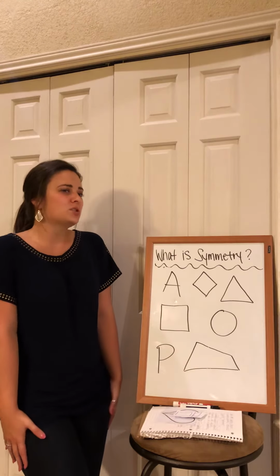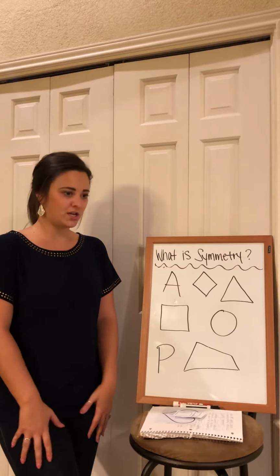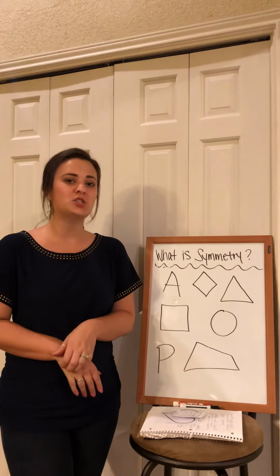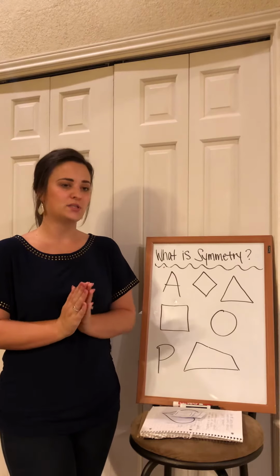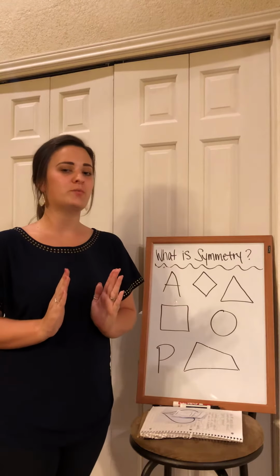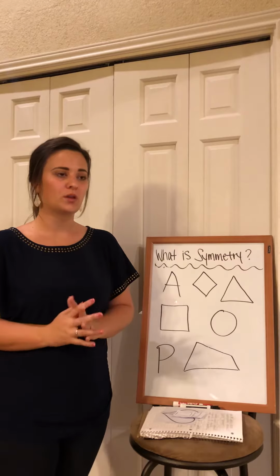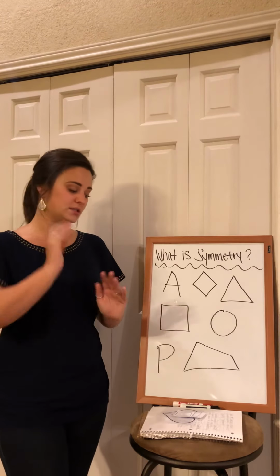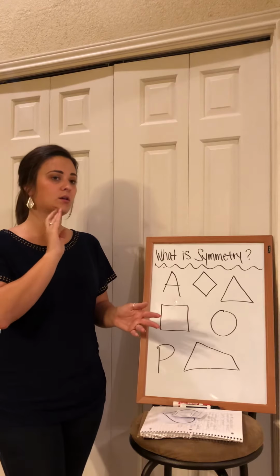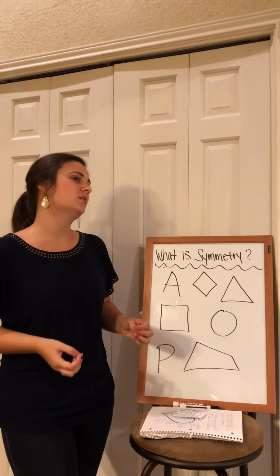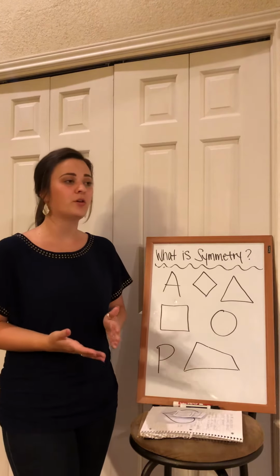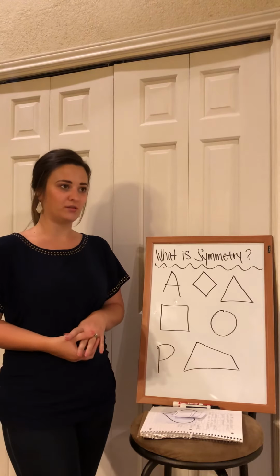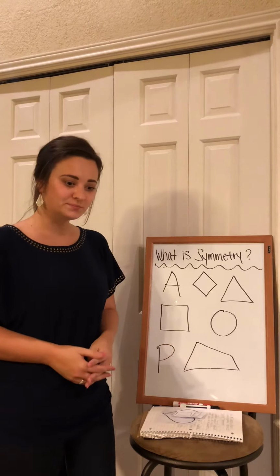For an object to have symmetry, it means that it can be split into two halves, and both halves are going to mirror the other. Okay, so if symmetry means evenness, equality, conformity, and both sides mirror each other, what do you think a line of symmetry means?